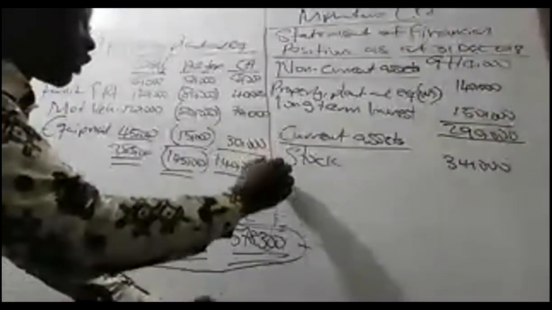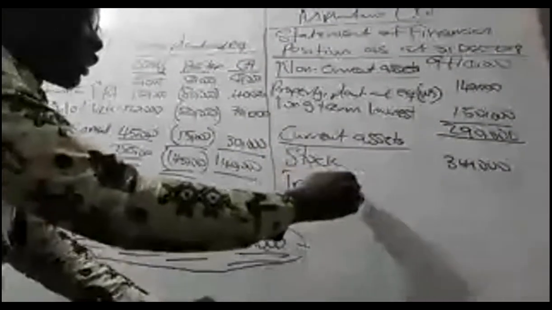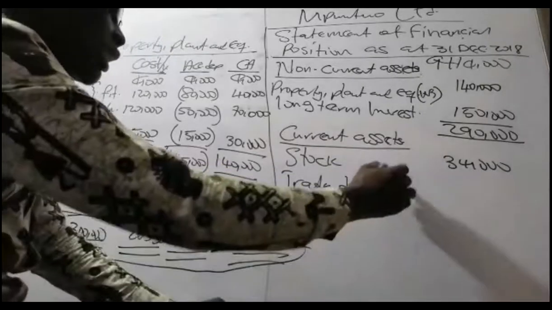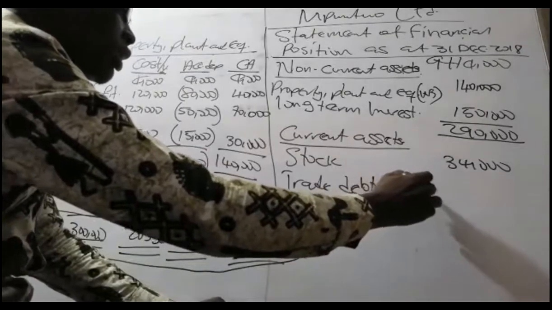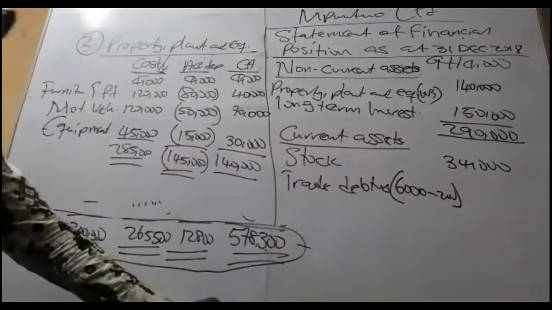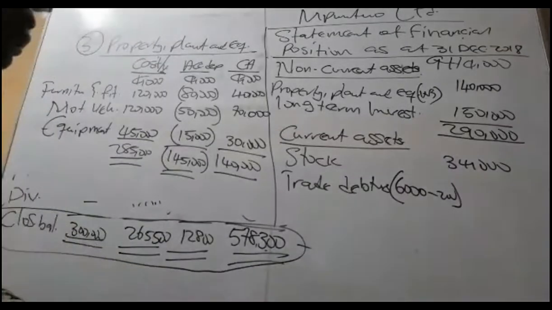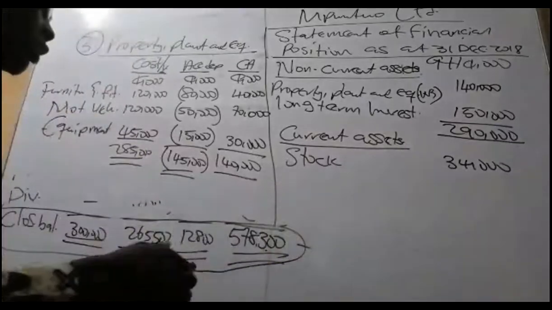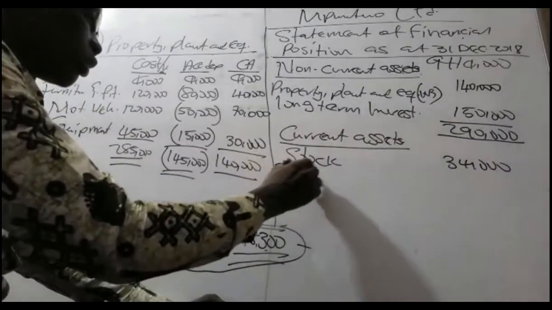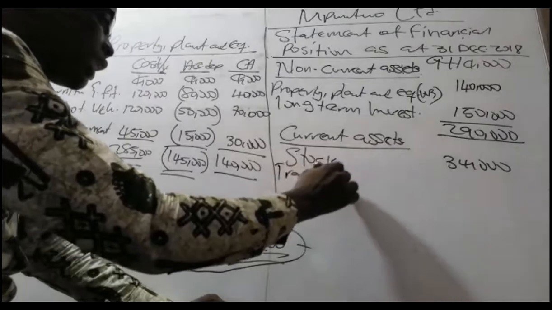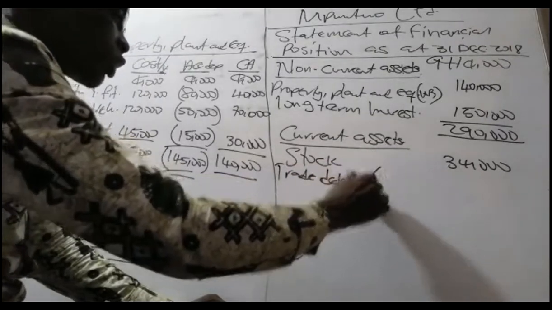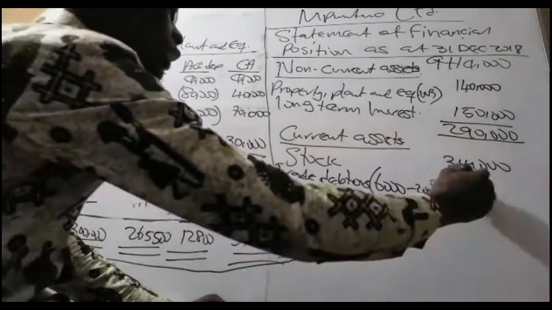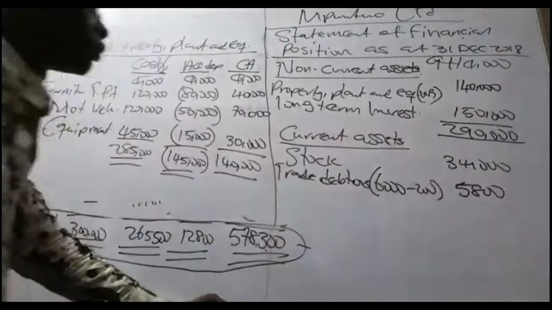So you write trade debtors. Open your bracket. Tell the examiner that is 6,000 less 200. Close the brackets. Let me squeeze it so that I need more space. So trade debtors. 6,000 less 200. That'll give us 5,800. Good.